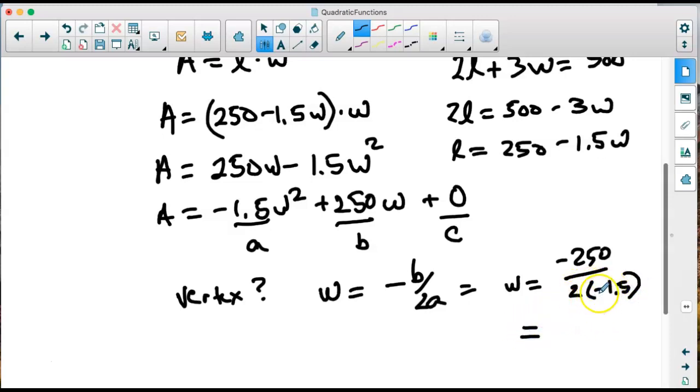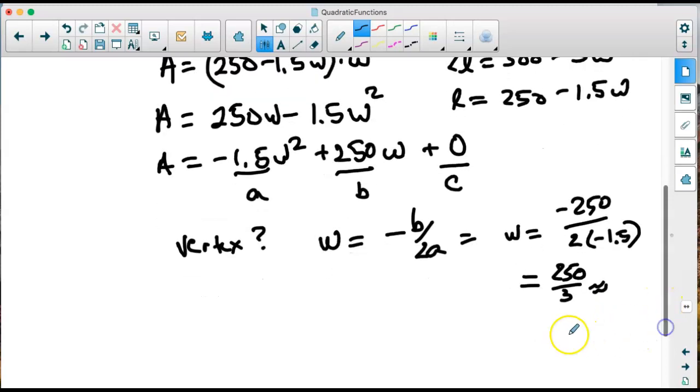This is going to be 3 down here, so it's going to be 250 divided by 3, which is approximately 83. Well, it is 83 and 1/3 actually, or 83.3 repeating.